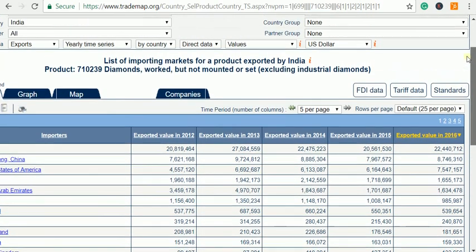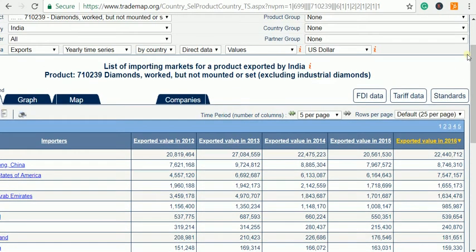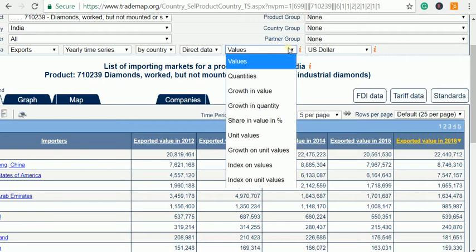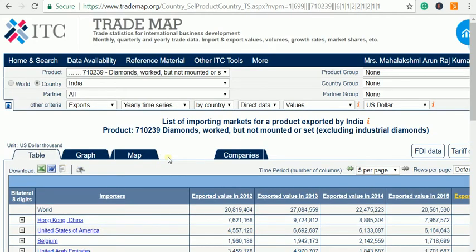Here you can check the export growth in various factors. For that, you can choose values. So here, product diamond, country India, partner all, that means India's export to the world. So partner all, criteria: exports or imports or trade balance.